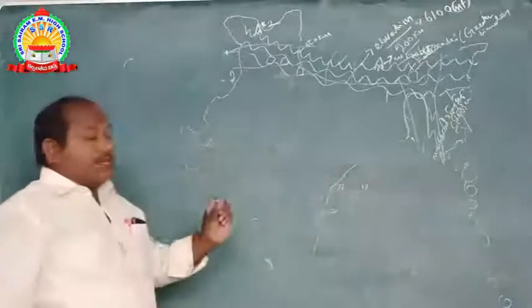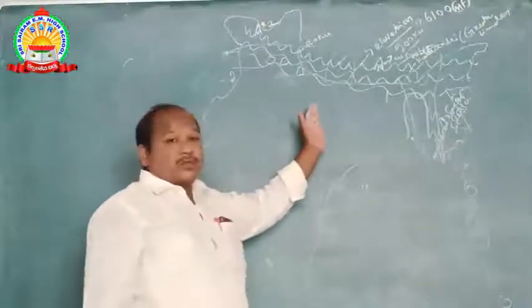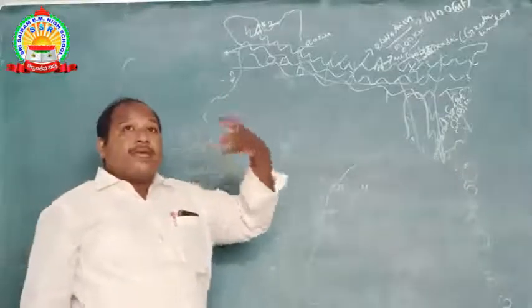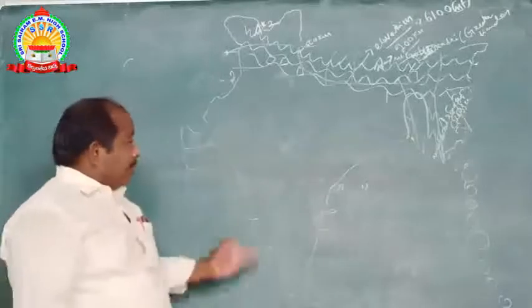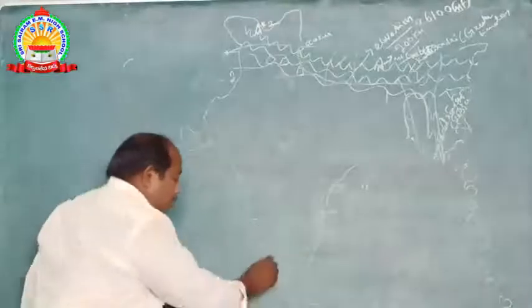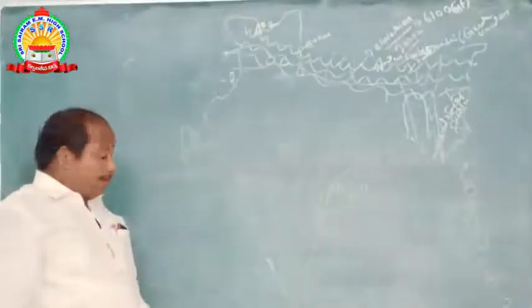Next, the Himalayas cause rainfall for us even in the peak summer month like May, because India totally depends on monsoon rainfall.